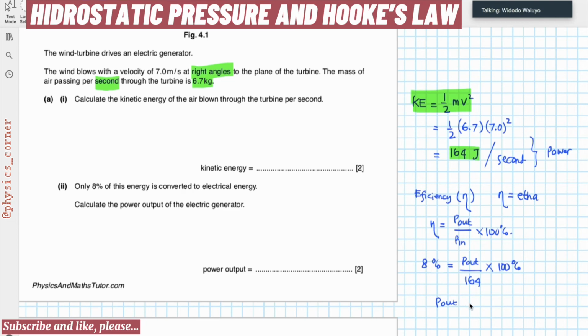Ini jadi 0.8 times 164. So the answer is 13 watt, or we round it to 13 watt. And here is 164 joules. Okay, that's it.